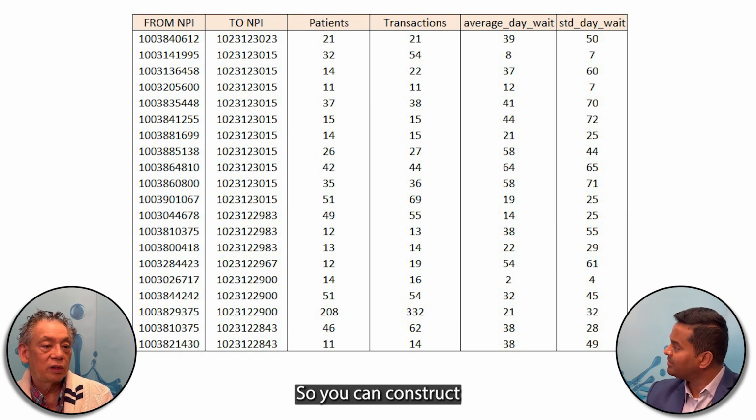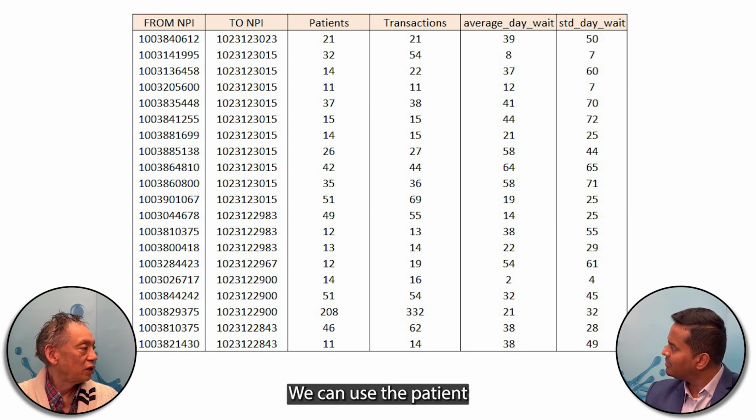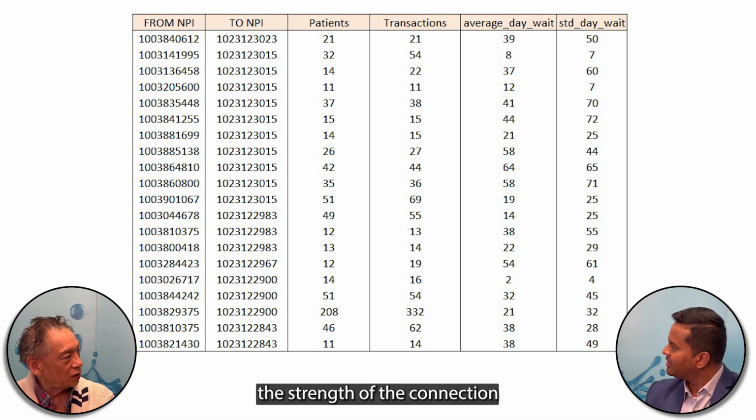Exactly. So you can construct, and now we can understand which ones are very connected. We can use the patient as a surrogate for measuring the strength of the connection.